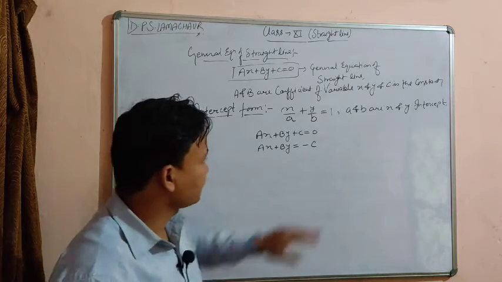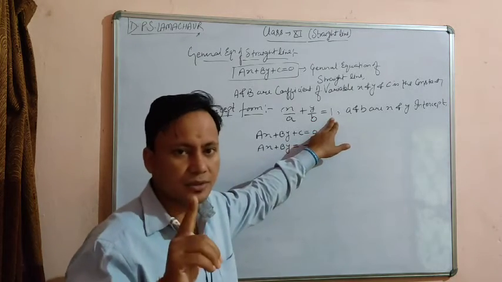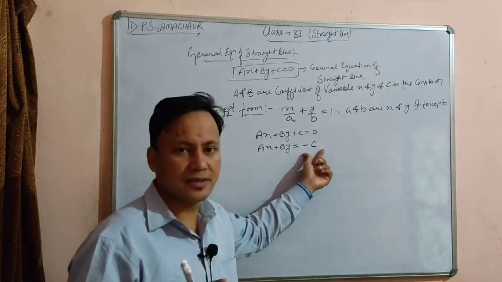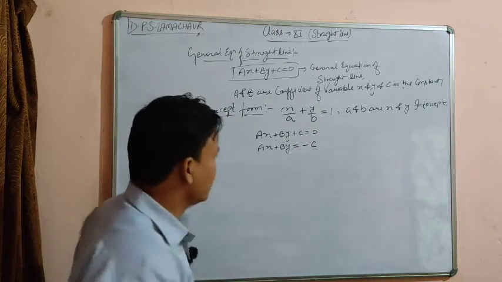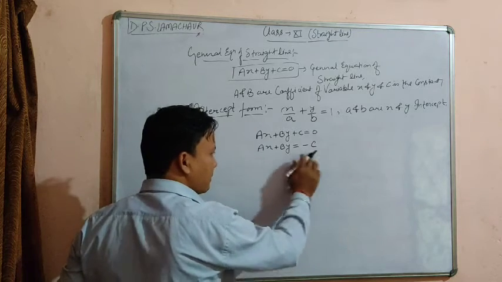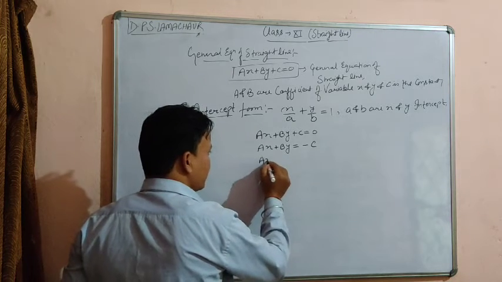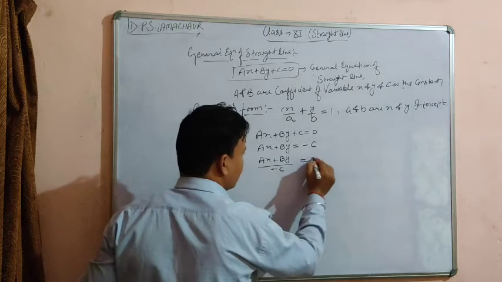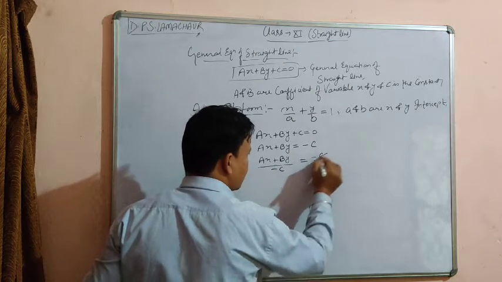Now the constant on the right should be 1, so to make minus c into 1 we divide both sides by minus c, so it becomes ax plus by divided by minus c equal to minus c upon minus c, and this cancels out.